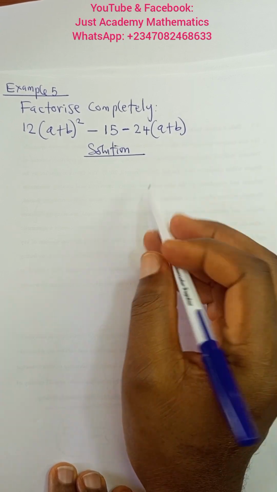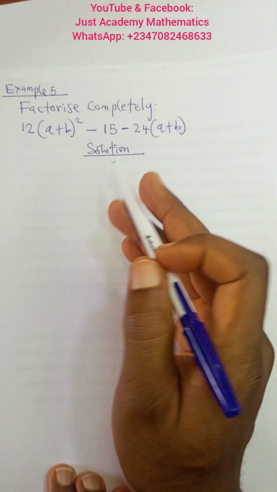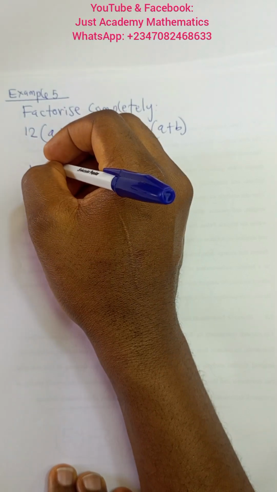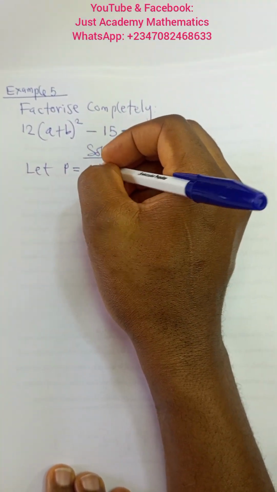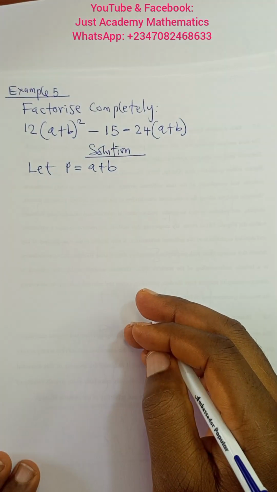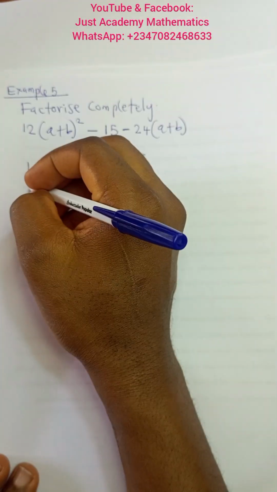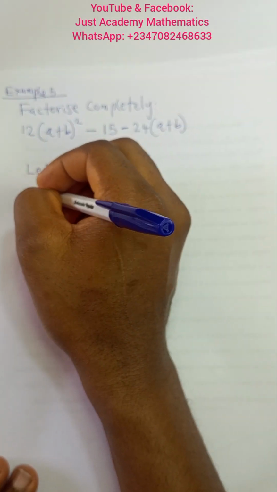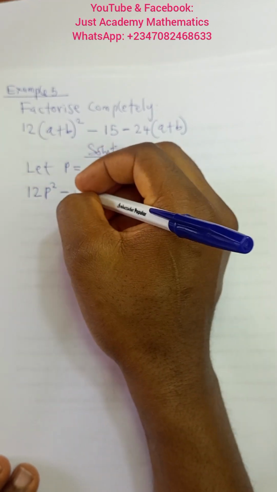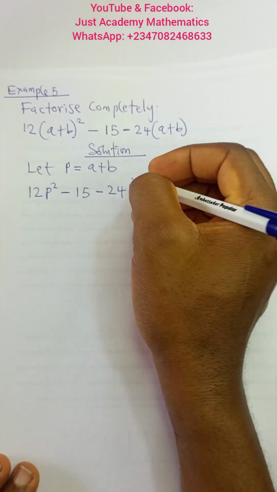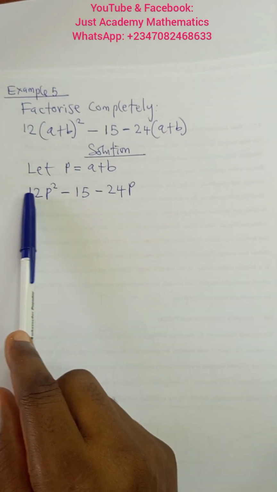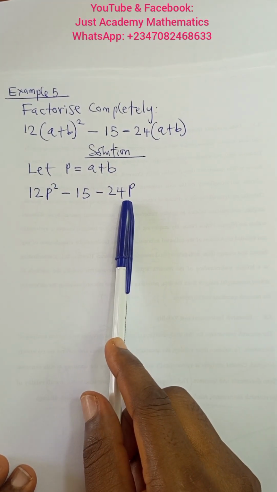So in that case, you can just replace. You can say let P be equal to A plus B. By doing so, you now have 12p squared minus 15 minus 24p. So it's now a simple quadratic to factorize.